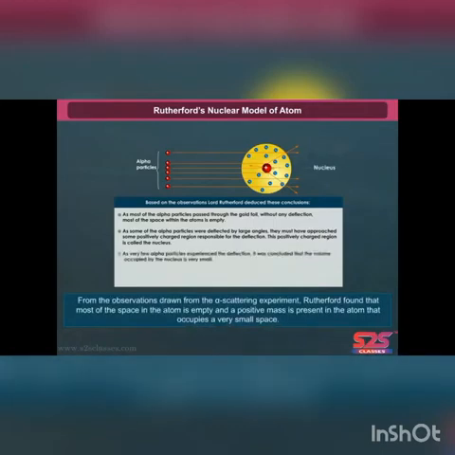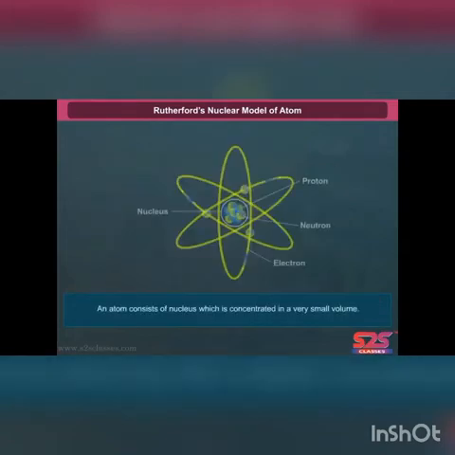From the observations drawn from the alpha scattering experiment, Rutherford found that most of the space in the atom is empty, and a positive mass is present in the atom that occupies a very small space. On the basis of above observations and conclusions, Rutherford proposed the nuclear model of atom.